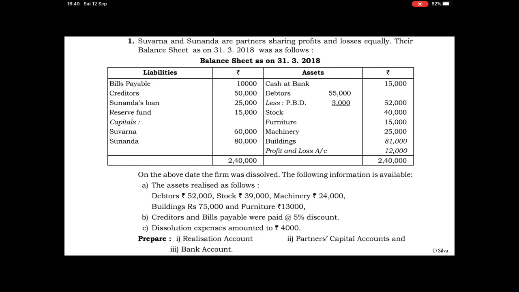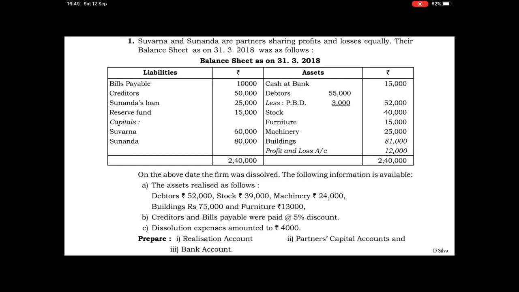Suvarna and Sunanda are partners sharing profits and losses equally. The balance sheet as on 31st March 2018 is given to us. On the above date, the firm was dissolved and the following information is available. A. The assets realized as follows: debtors rupees 52,000, stock rupees 39,000, machinery rupees 24,000, buildings rupees 75,000 and furniture rupees 13,000.